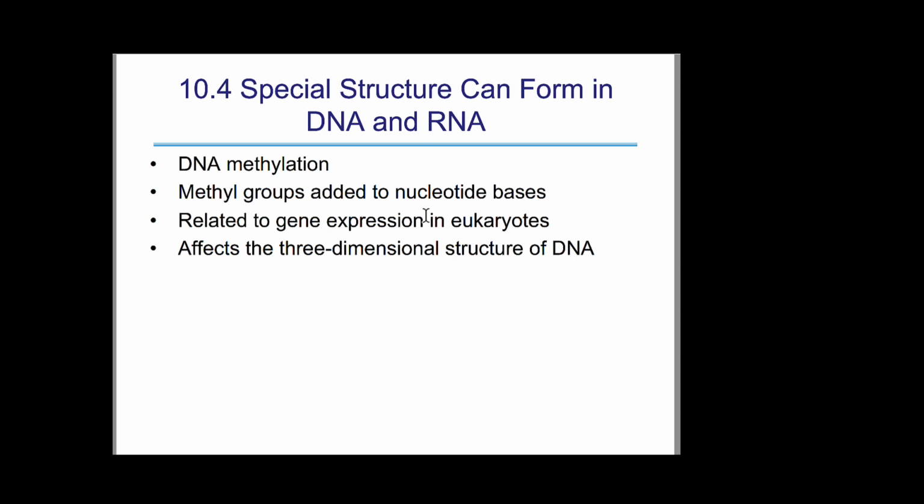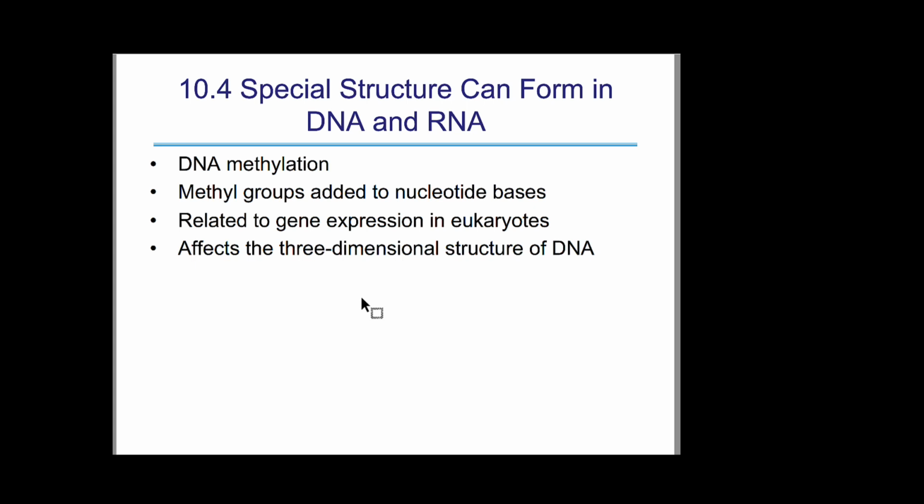If you don't remember what a methyl group is, it is a carbon and 3 hydrogen atoms. So CH3 is a methyl group, and adding a methyl group to, let's say, cytosine at the 5th carbon makes it 5-methylcytosine.